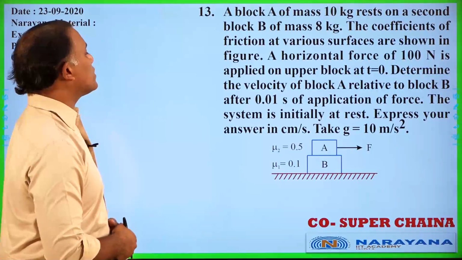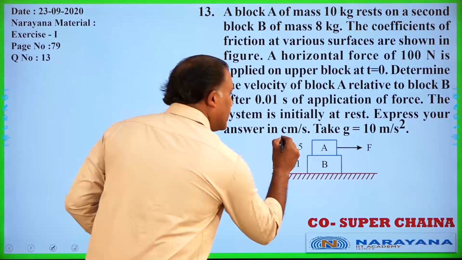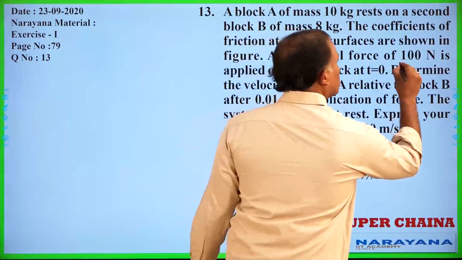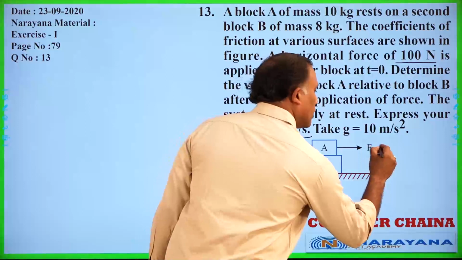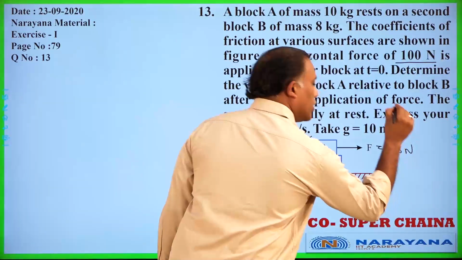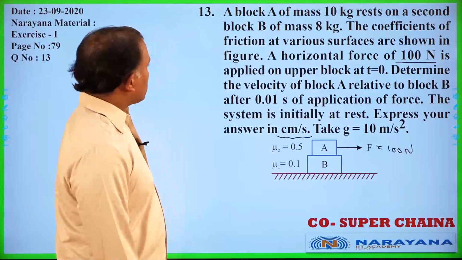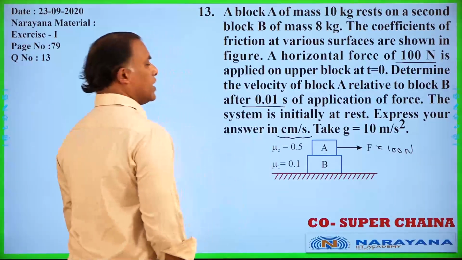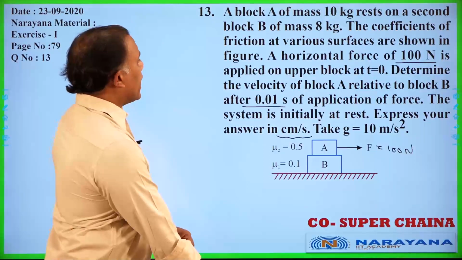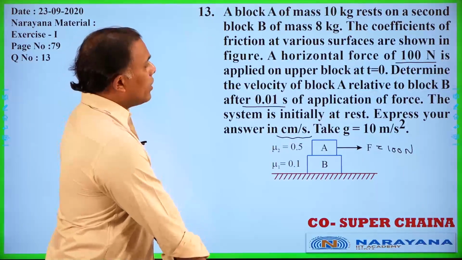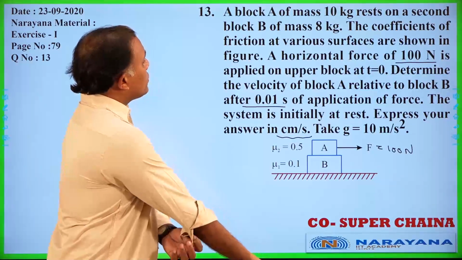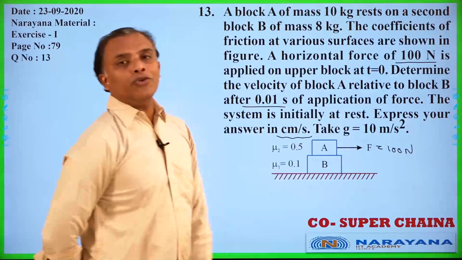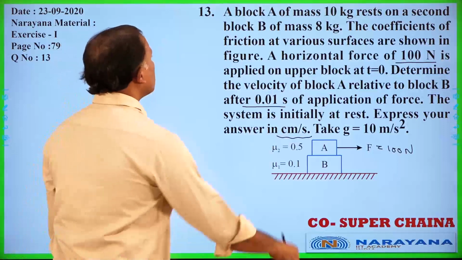Express your answer in centimeters per second. After 0.01 seconds, what will be the velocity of A relative to B, he is asking you. Yes, let us go for that.